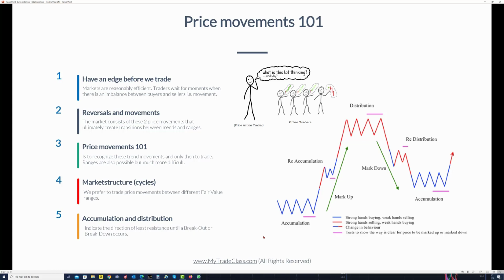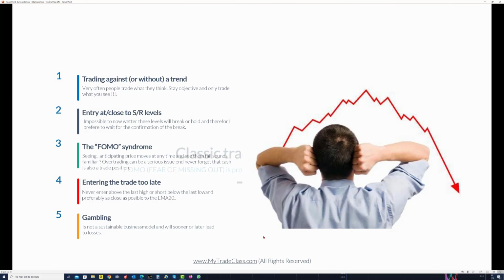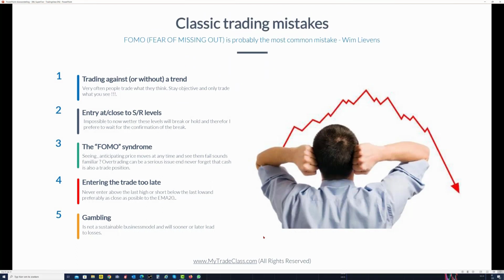Don't be distracted by over information which is not relevant. Just try to be objective and look at a certain amount of things. This in combination with volume will really give you the edge I think many people are looking for. That's not the holy grail. It's absolutely not that, but it will take you a step in the right direction.